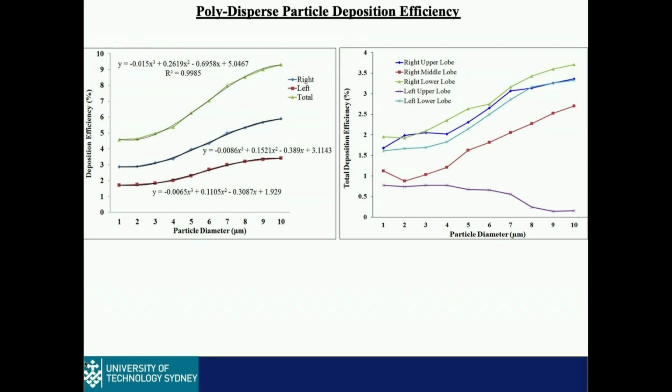The equation is very accurate, close to R squared equal to 1. So, this result suggests that if you use more than 10 micron, we do not need to do the simulation, we can directly use this equation to calculate the deposition efficiency.